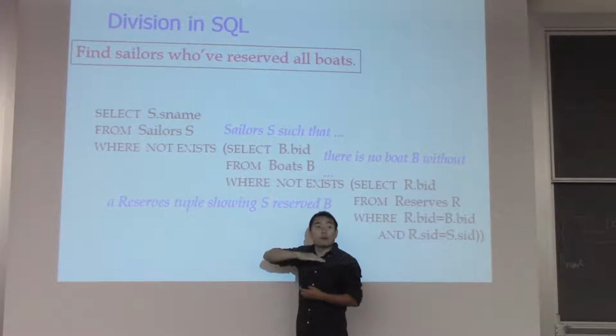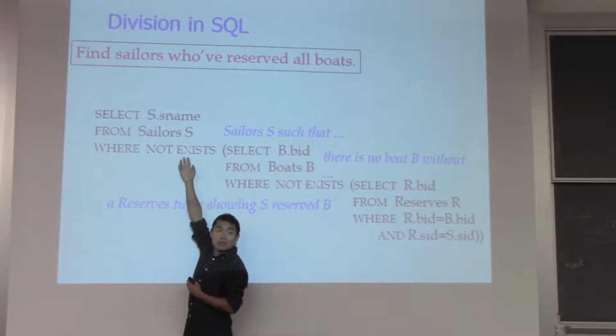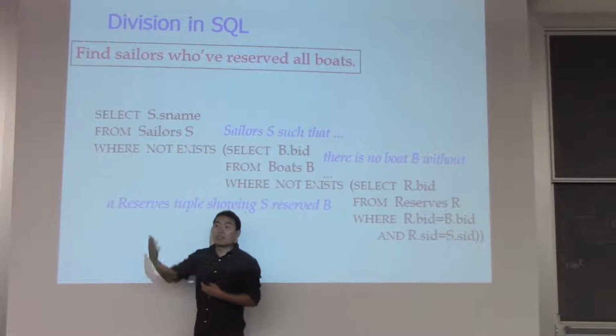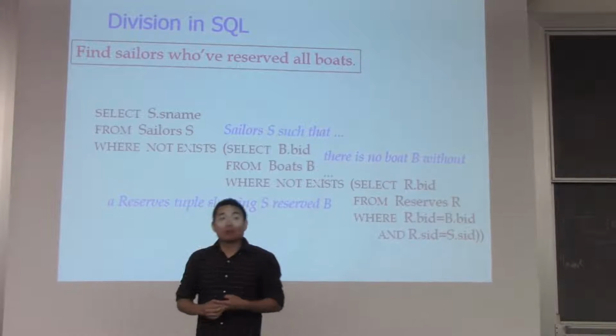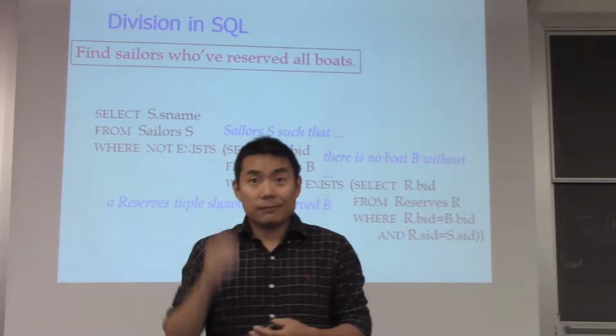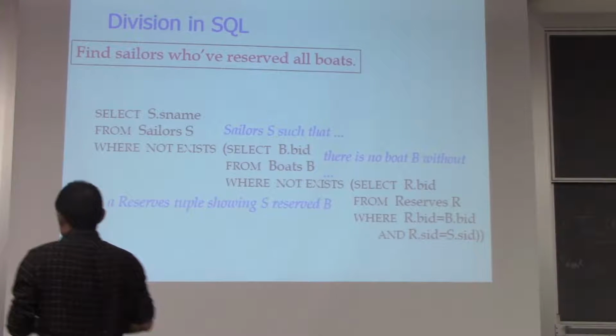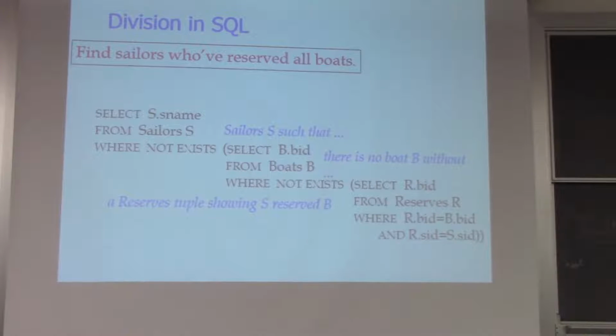When I go through all the boats, and this is true for every single boat, then I return nothing here. This means this sailor has reserved all boats, because there's no boat that he or she has not reserved yet. This does take some time to digest, but I think that ought to explain what's going on. You can go back and review it.